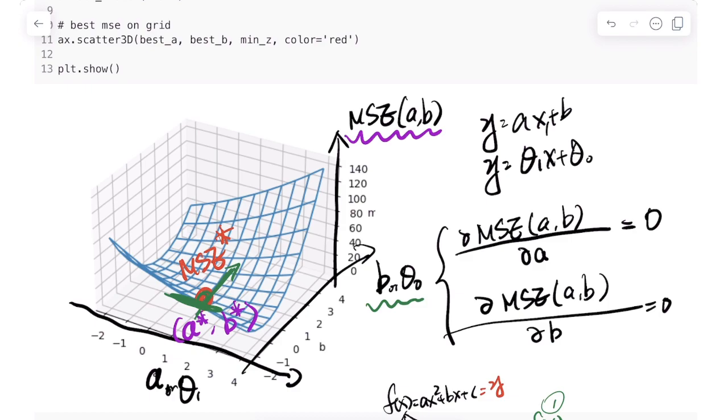In this case, we can figure out where A and B are. It's very similar to what we have done in high school. We use differentiation to find the lowest point of a curve. But we have multi-dimension right here, so we have the A direction and B direction, so we need to do partial differentiation for A and for B, and so on and so forth.